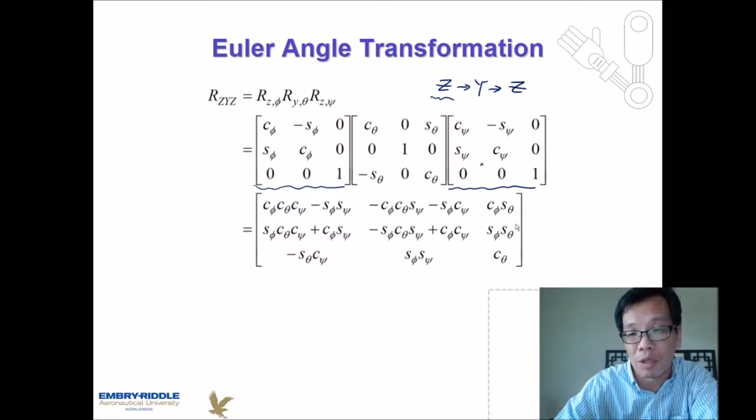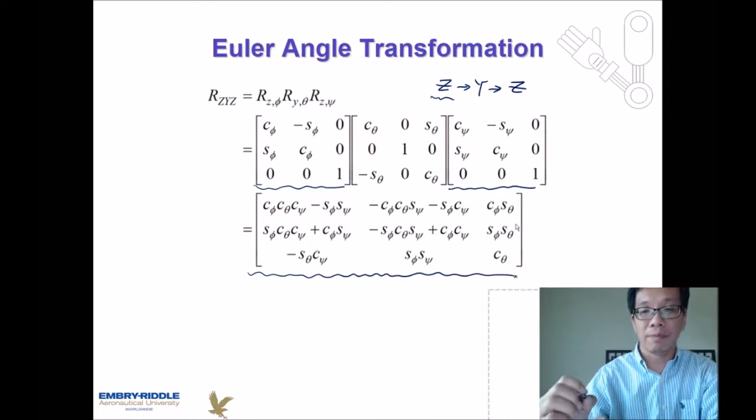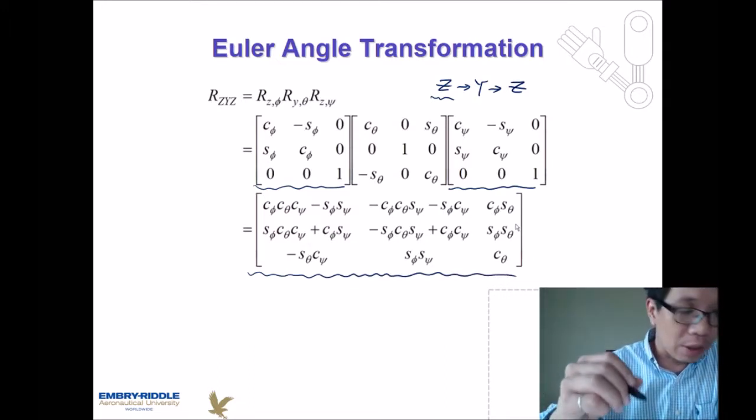But between those two z rotations, we have another rotation about the y direction. So when we have an individual transformation corresponding to a specific angle about the axes, those are the transformation matrices that we want to use. After a long calculation, this is going to be our rotation transformation matrix.